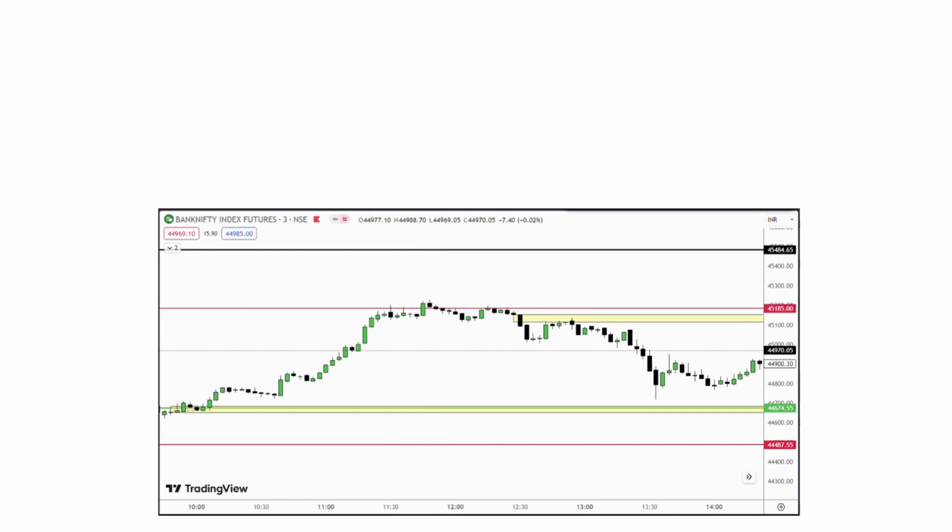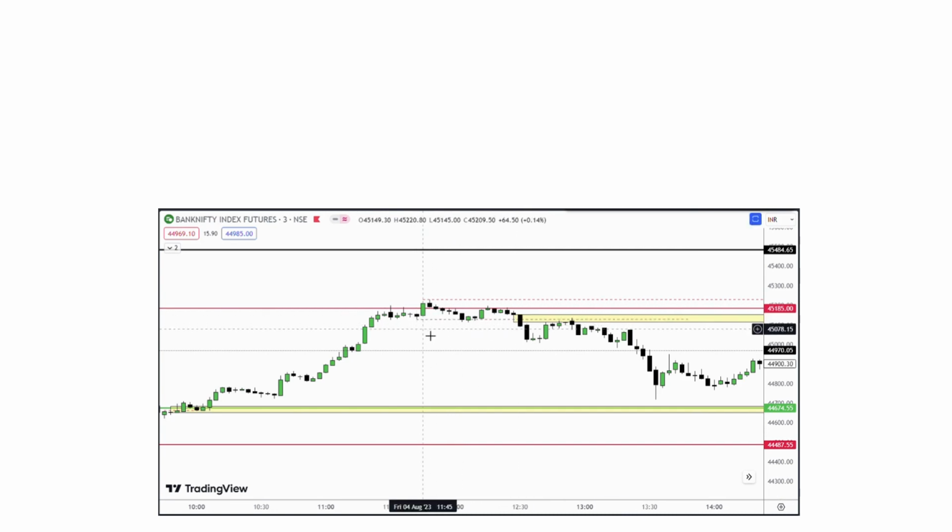So what we first do is mark a displacement high. Since from this high the price started coming down, prior to this high, this particular level over here was the low.